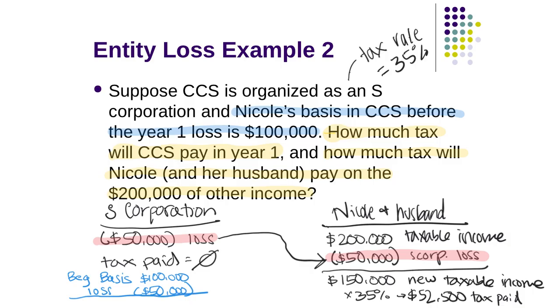Then that would make her ending basis $50,000. And then, assuming this was the only activity that happened, that ending basis of $50,000 will become her beginning basis for year two.